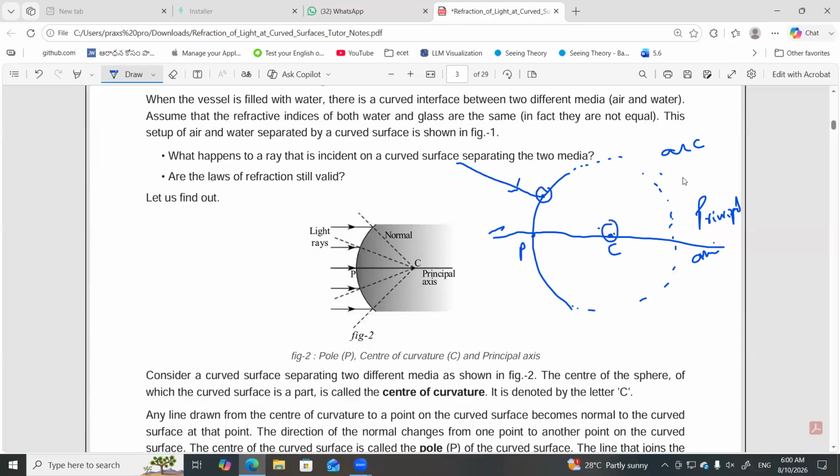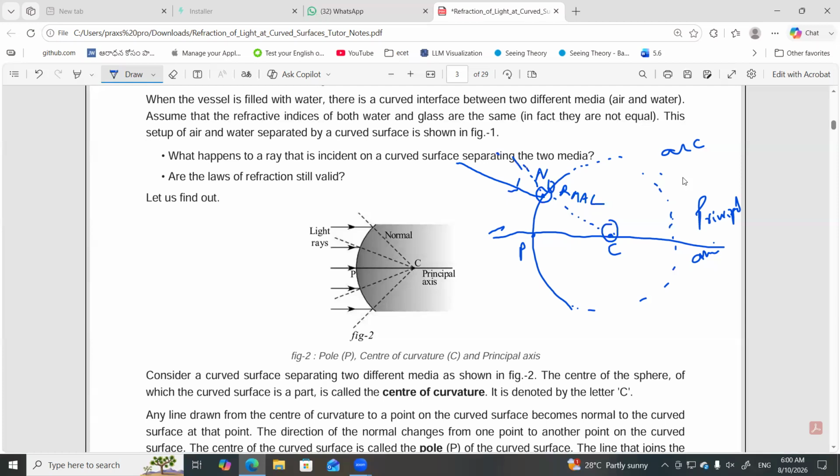From center of curvature, you draw a straight line. This straight line is 100% normal. Here you can see that you can draw normal lines in any direction.